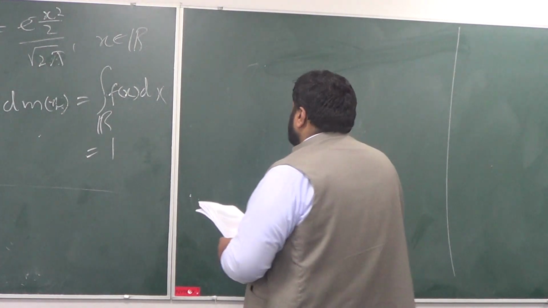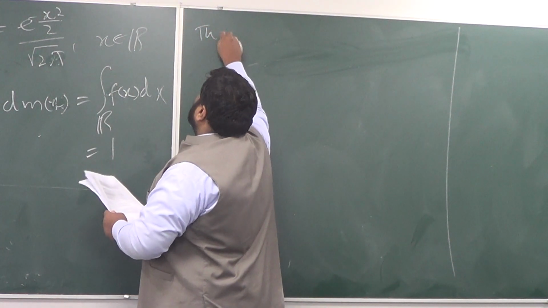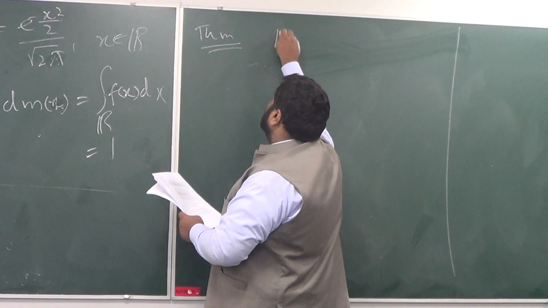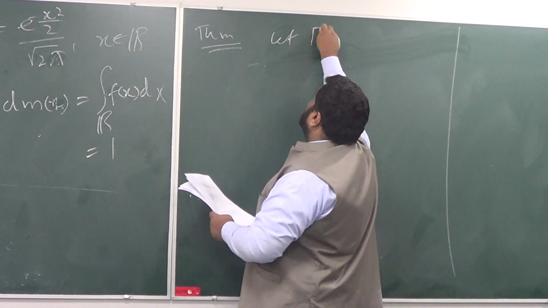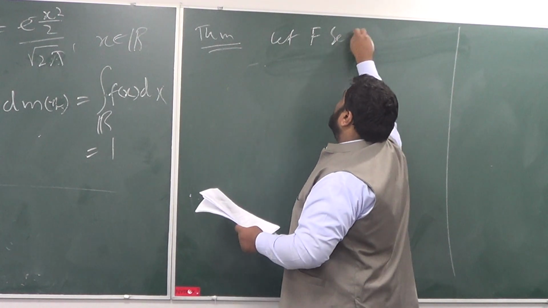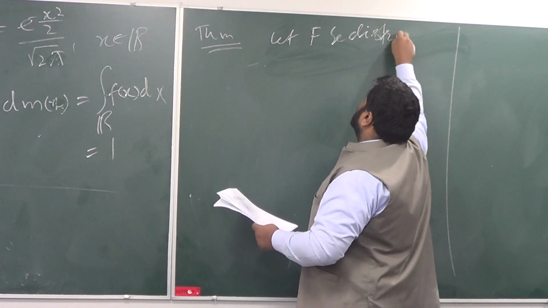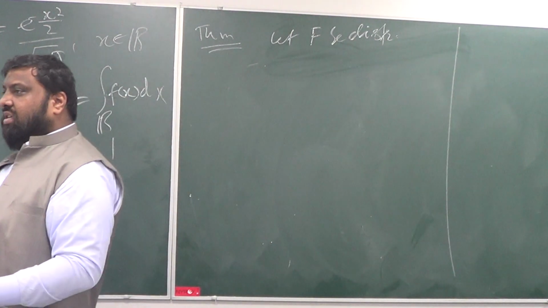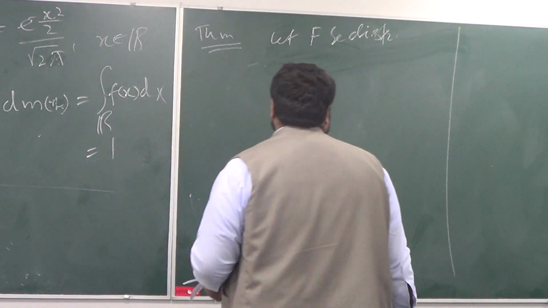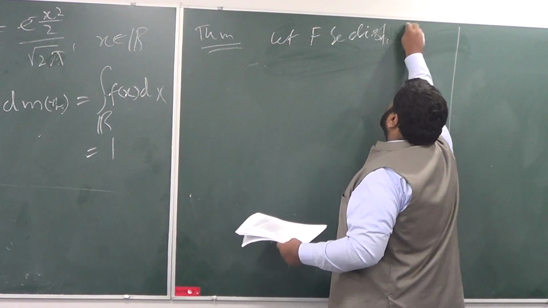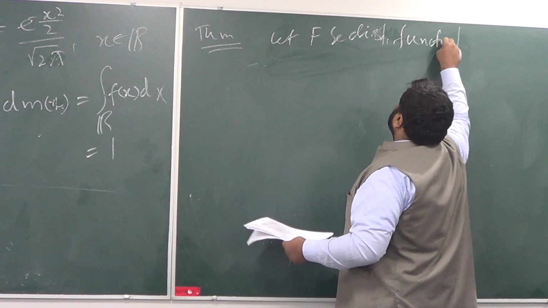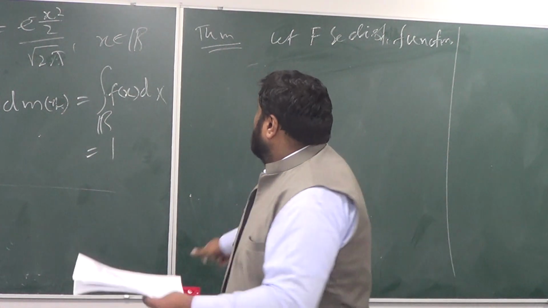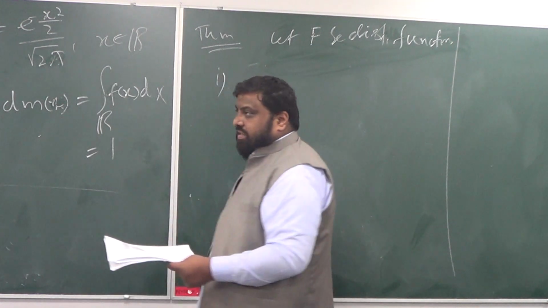Here is a little theorem. Let F be a distribution function, which is a Borel measurable function from R into the interval 0 to 1. Then F has the following properties.